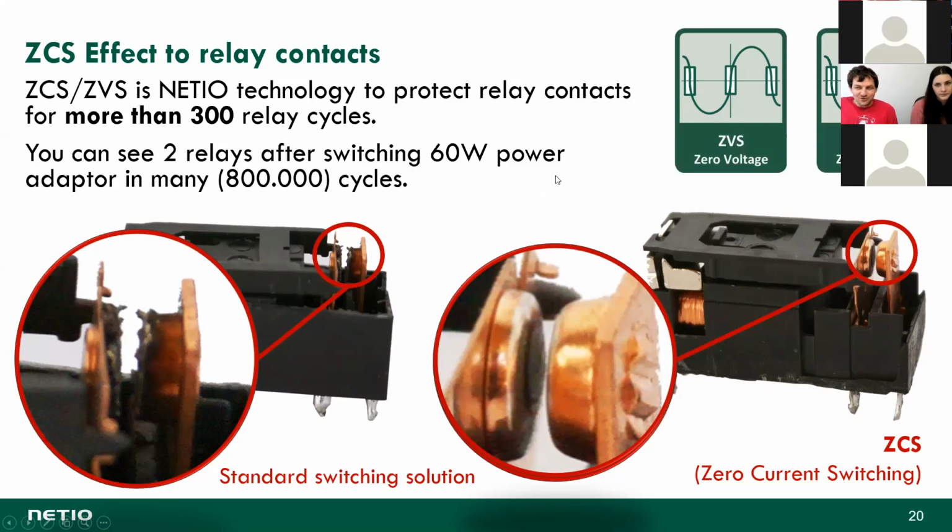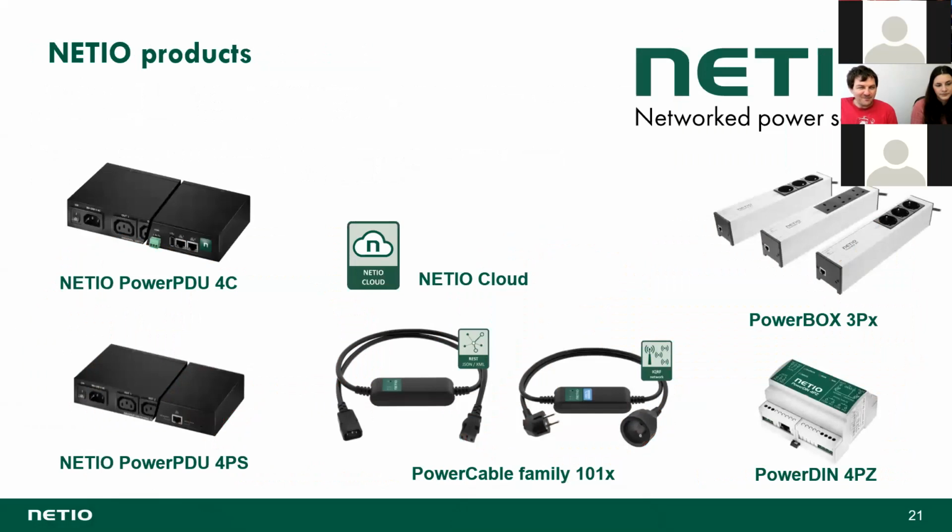Okay, so this is our super zero current switching technology, which is implemented in more or less all NETIO devices. It depends if zero voltage or zero current. Okay, let's come back to NETIO products. I just wanted to demonstrate that we have this technology even in the cheapest product, which looks like a toy.